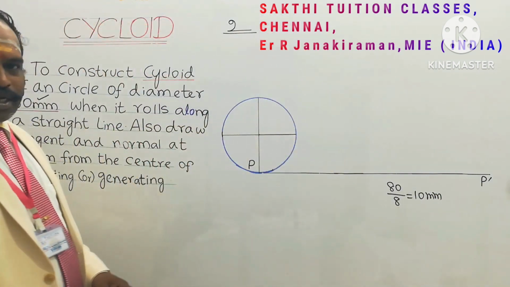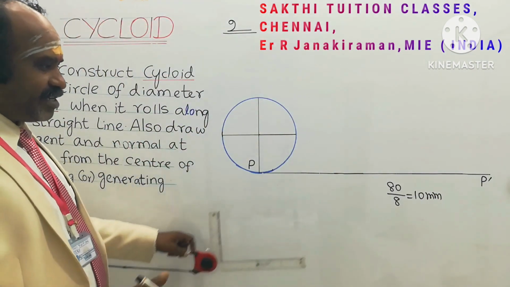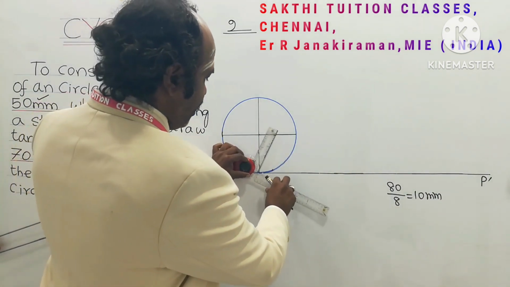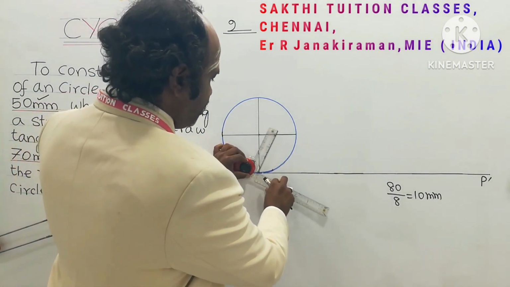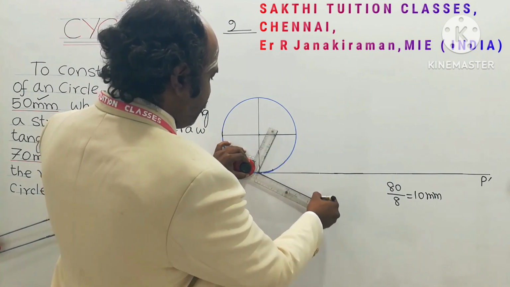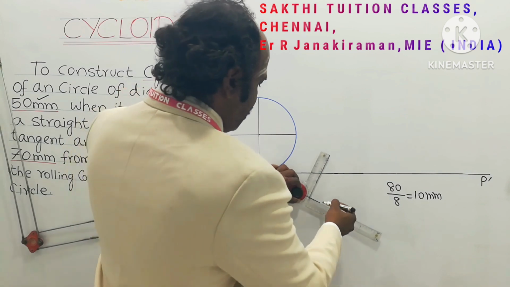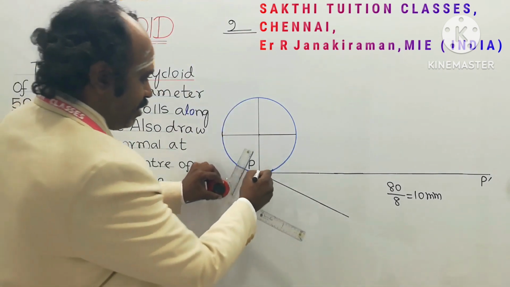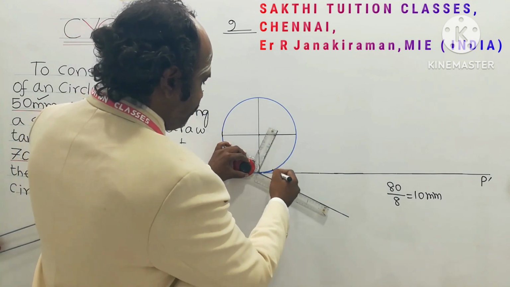Understand? So draw an inclined line, release your drafter scale, rotate it anti-clockwise. Draw an inclined line of length 80 mm, any round number length it may be. So along this inclined line of length 80 mm, mark 10 mm like that 8 times.